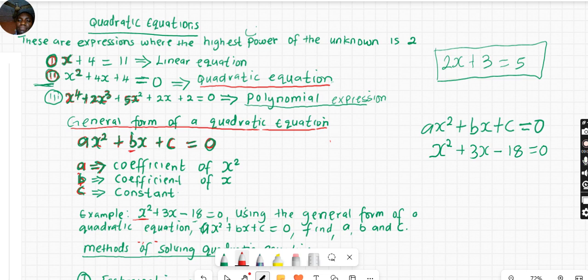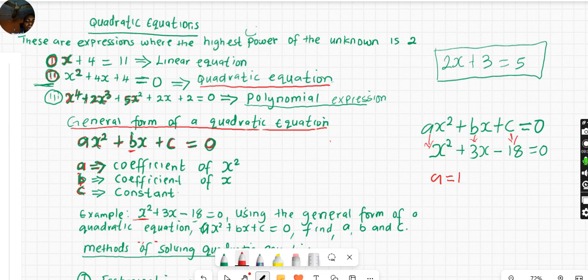If you match them from the general form downwards, a matches with an invisible coefficient here, which is 1. b matches with this number here, which is 3. c matches with this number, which is minus 18. So in this expression, x squared plus 3x minus 18 equal to 0, the coefficient of x squared, which is a, is 1.